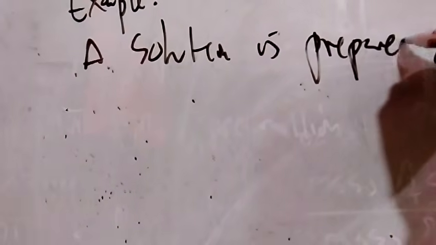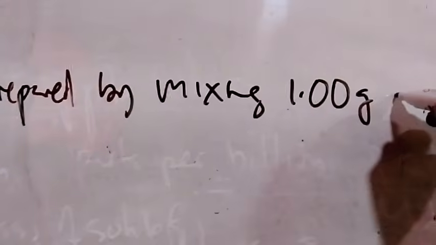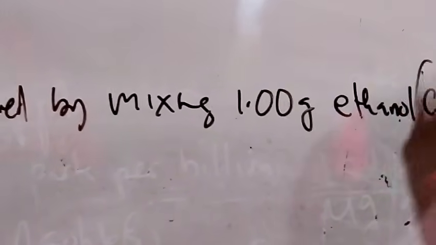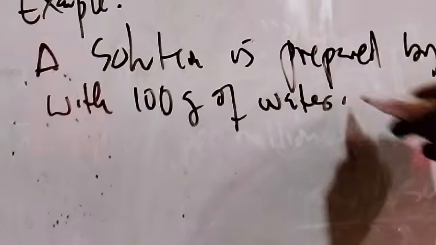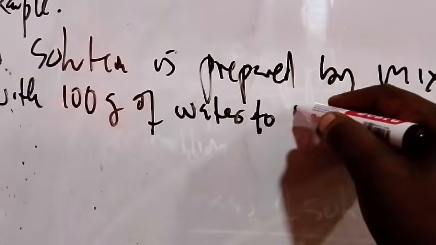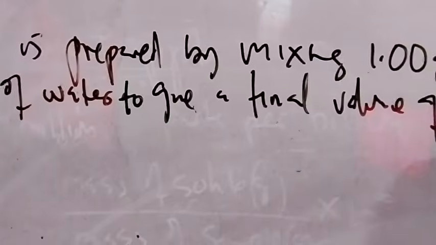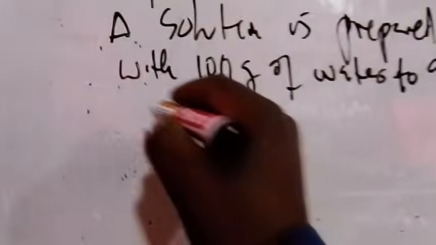A solution is prepared by mixing 1.00 gram of ethanol, C2H5OH, with 100 grams of water to give a final volume of 101 milliliters.